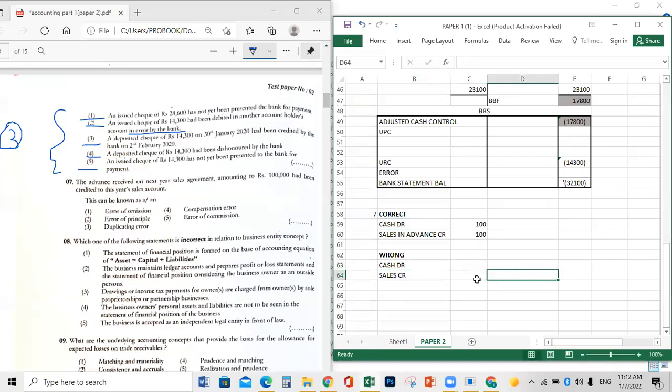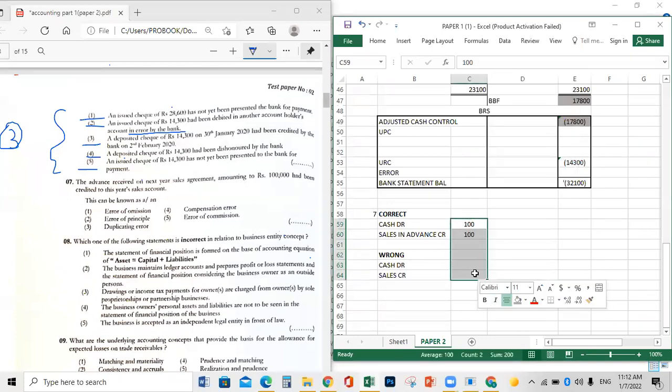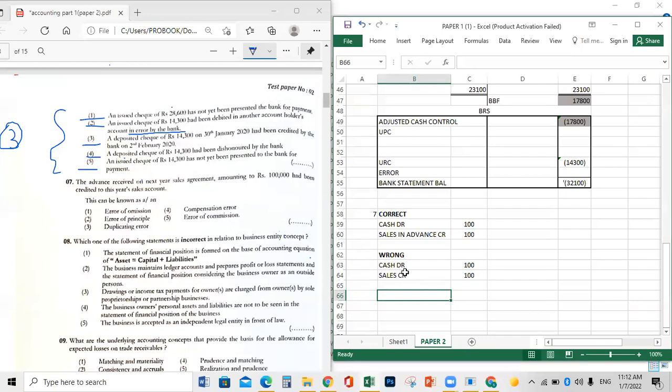When you just say sales, guys, it's the income we are talking about. So this is how they recorded. Now, guys, is there any problem with the cash? Is the cash correct or wrong? Correct. So the only problem here is the sales in advance and the sales account. So guys, the sales account is credited, which is wrong.